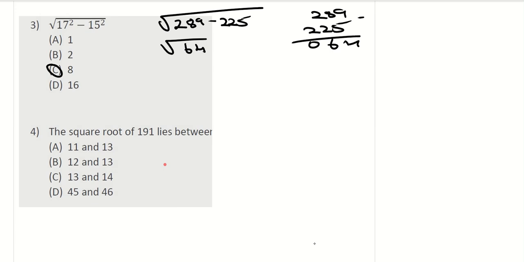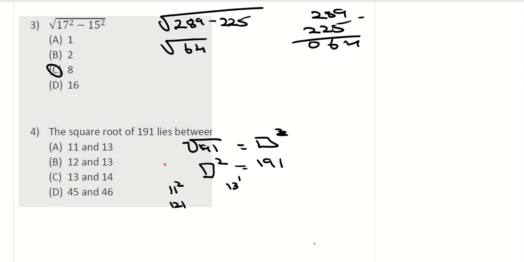So when they say the square root of 191, it is equal to some number, and when you square that number you're going to get 191. Just want you guys to understand that. So we want to know what the square root of 191 is and does it lie between these numbers. 11 squared is 121, 13 squared is 169, so it's not this.